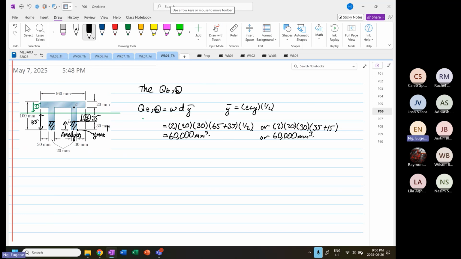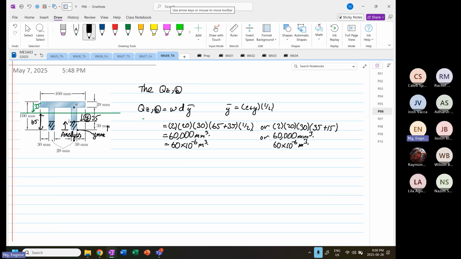Okay, but when you use your first moment of area it has to be in meters, so it's 60 times 10 to the power minus 6 meter cube. Okay, this is also 60 times 10 to the power minus 6 cube.